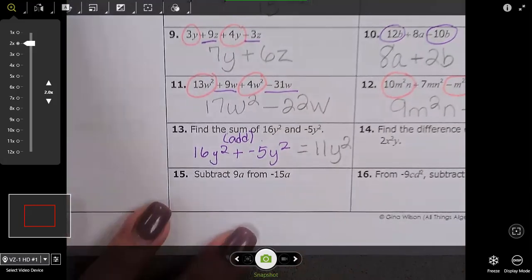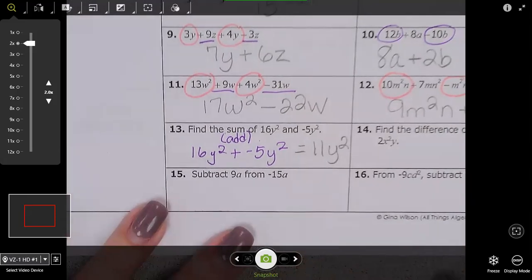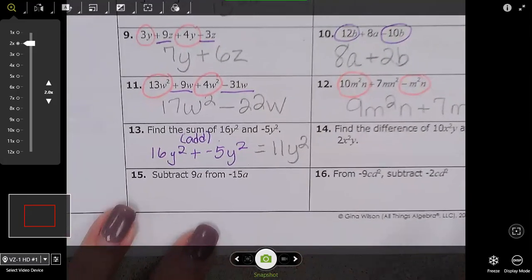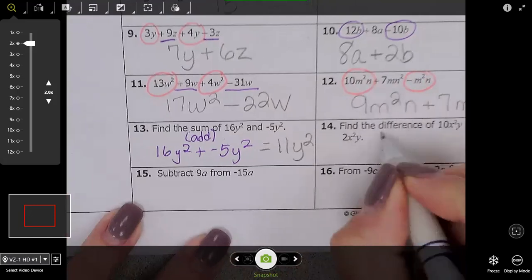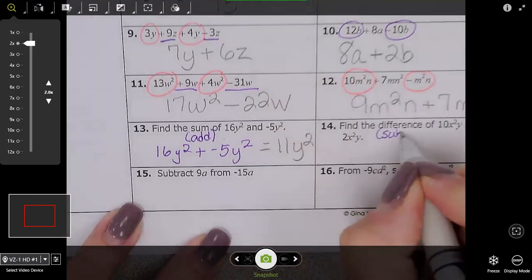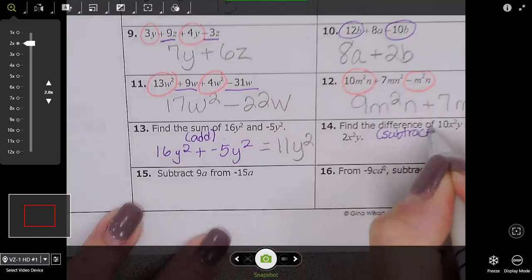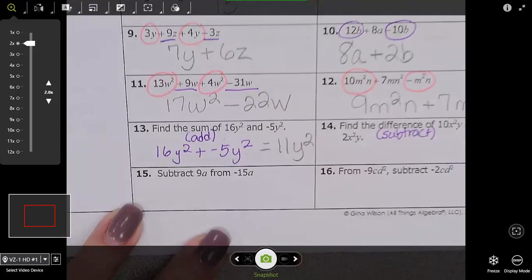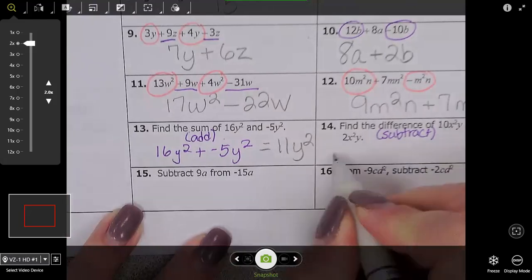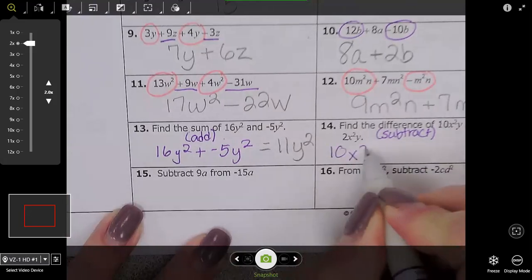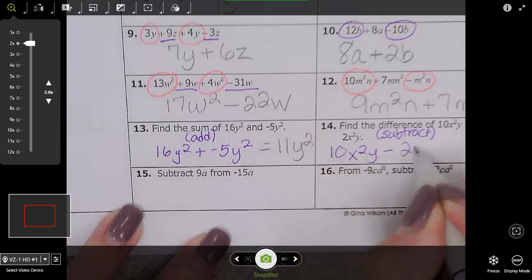Okay, but it gets tricky when we talk about subtraction words. So this word difference means subtract, and we don't change the order. Okay, so difference means subtract, don't change the order. So we're really doing 10x squared y minus 2x squared y.